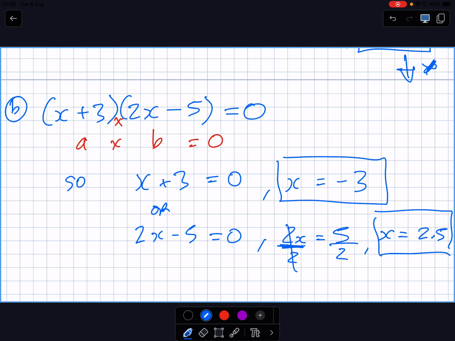Why does this work? Well, if x is equal to negative 3, and I put it here, what's negative 3 add 3 going to give you? 0, and 0 times anything, doesn't matter what's in here, the answer is going to be 0. True statement, it works. Let's try this one. If I did x is equal to 2.5, what's 2 lots of 2.5? 5.